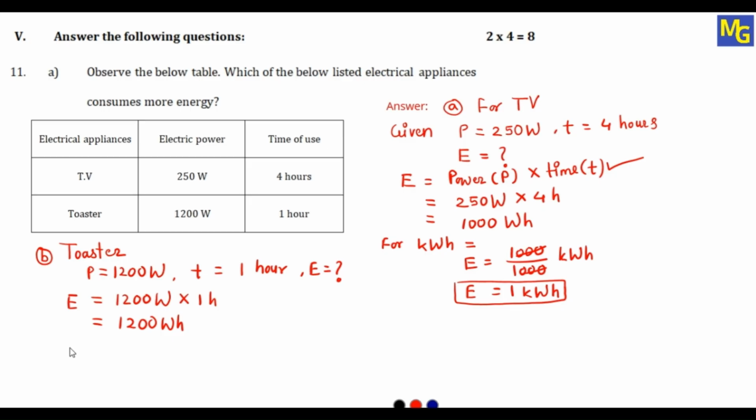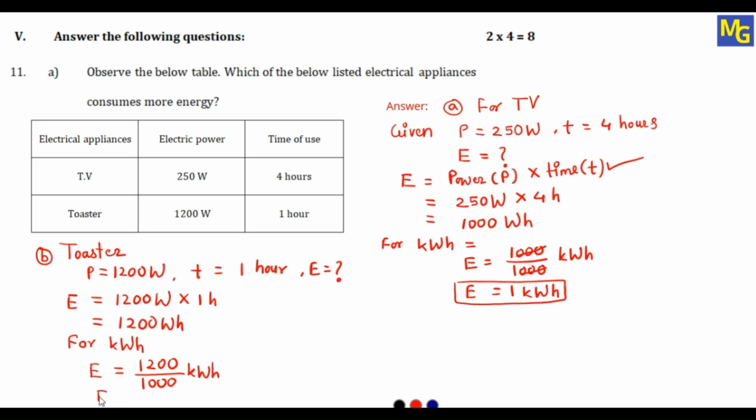Again, for kilowatt hour, divide this value by 1000. So E equals 1200 divided by 1000, and this will be in kilowatt hour.